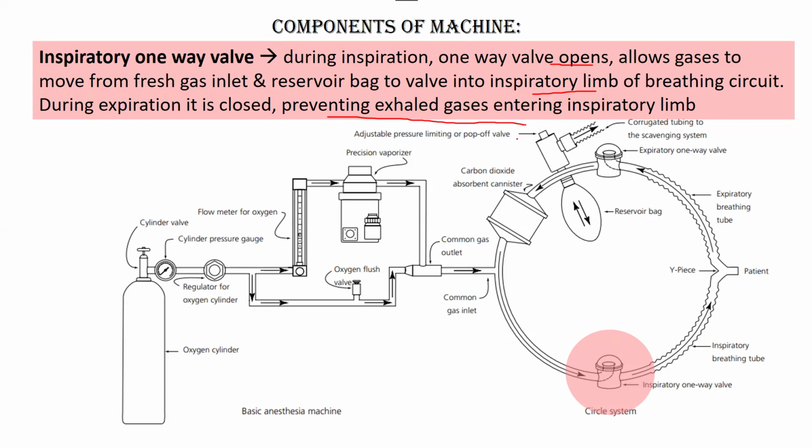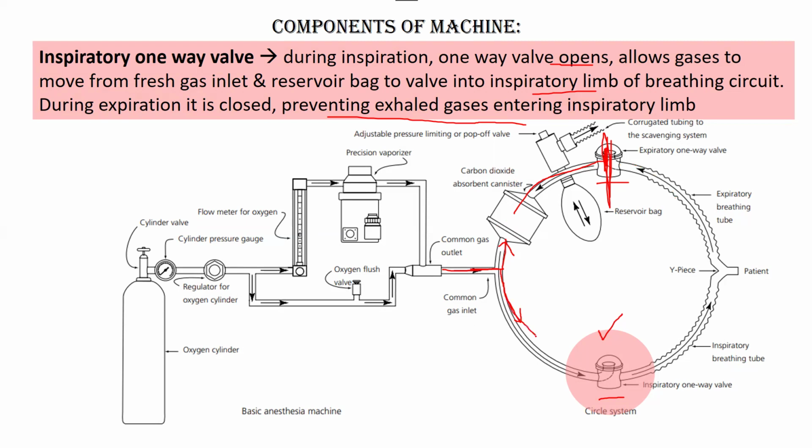Okay, let me explain what this is. This is the expiratory one-way valve and this is the inspiratory one-way valve. During inspiration, this gets closed and this is open. So the gas will come here, it will go there and it will also go there. But since the expiratory one is closed during inspiration, it will not move further over here.